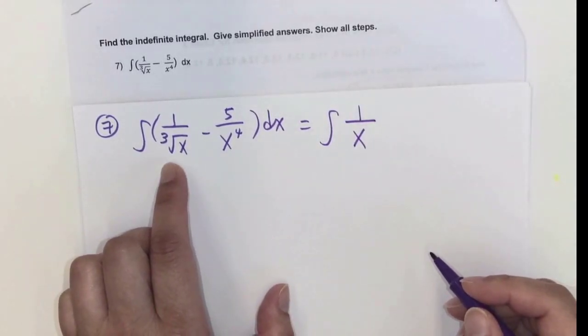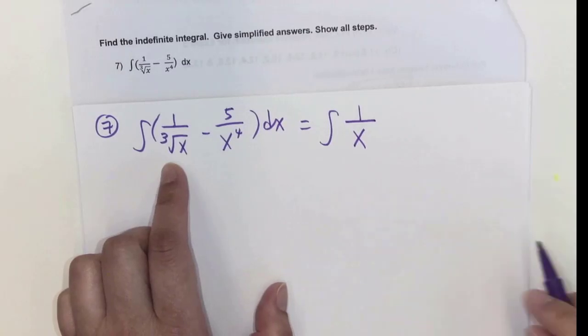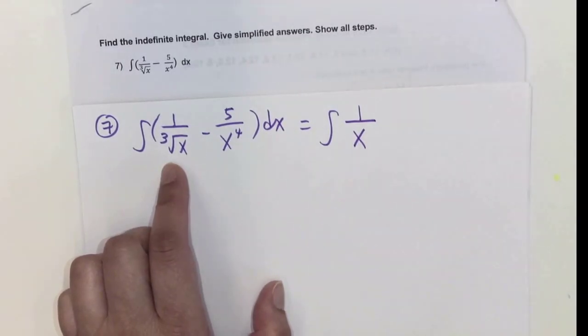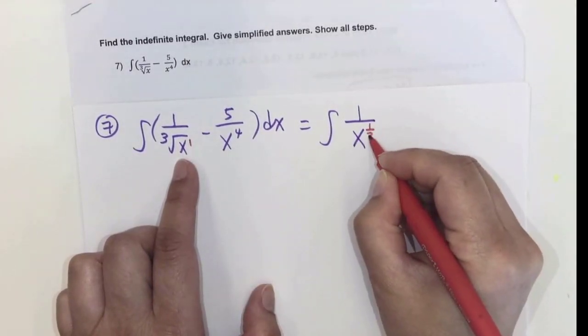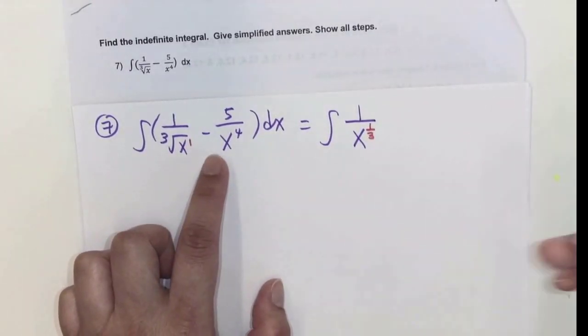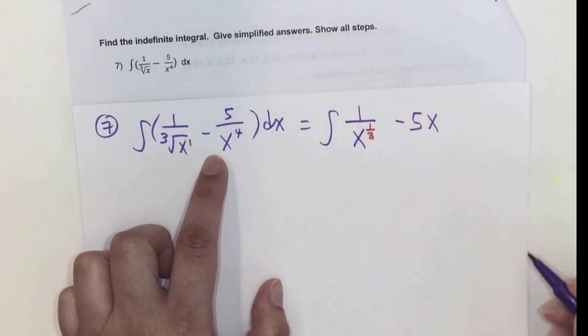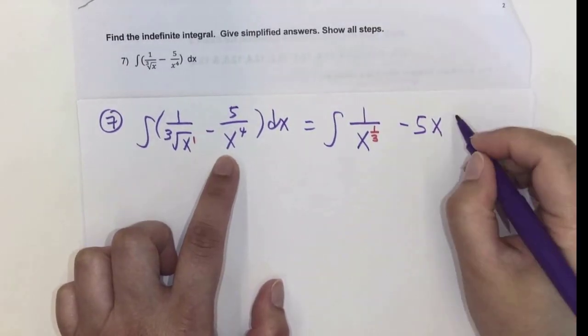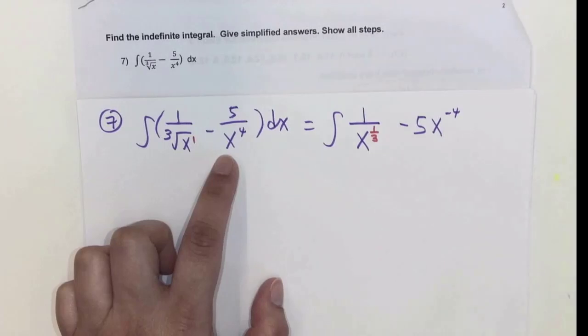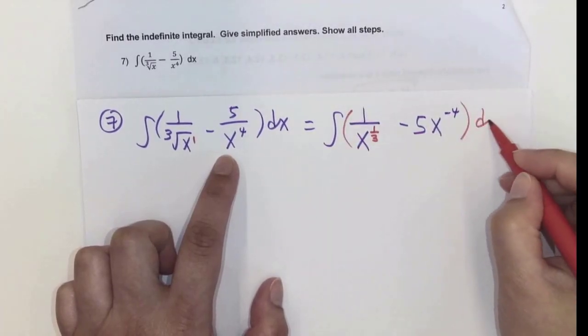If you have a cube root, that can turn into what kind? 1/3, because you have an invisible 1 inside. So this turns into the fraction 1/3 power, minus 5 times x to what power? If it's in the denominator, this will turn into what kind? -4, and then the whole thing dx, right?